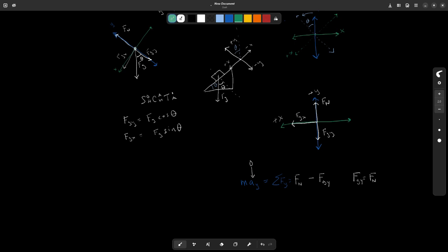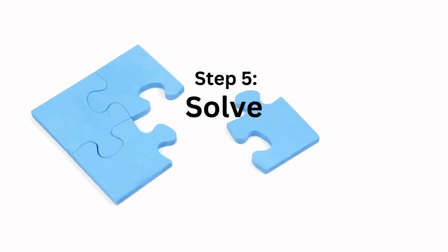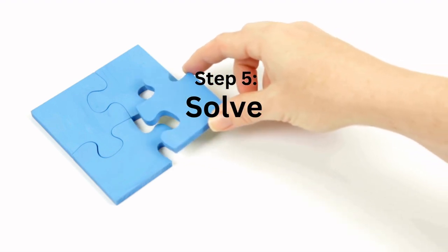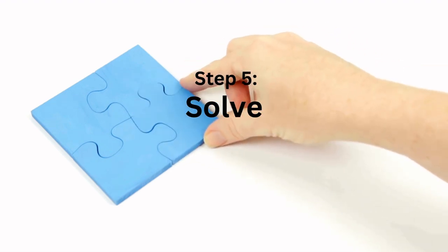So let's apply this to the x direction, because that's the direction we defined as our direction of acceleration. So I know that max is equal to the sum of the forces in the x direction, which is equal to, well, I only have one because of the direction system that I made. So FGX. And this brings us to our final step, which is simply to plug in everything we have and solve.